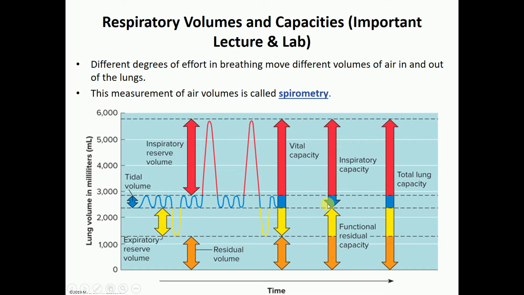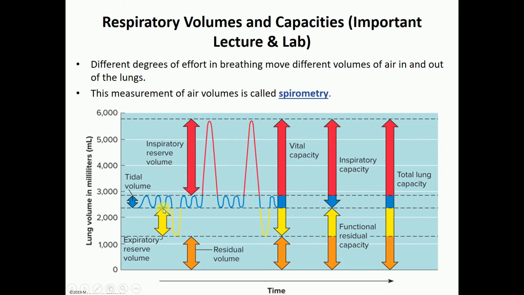Both of them together, the tidal volume plus the inspiratory reserve volume, is known as the inspiratory capacity. So the inspiratory capacity is defined as, after a normal exhalation, what is the maximal amount of air that a person can inhale? And that would be the tidal volume followed by the inspiratory reserve volume.